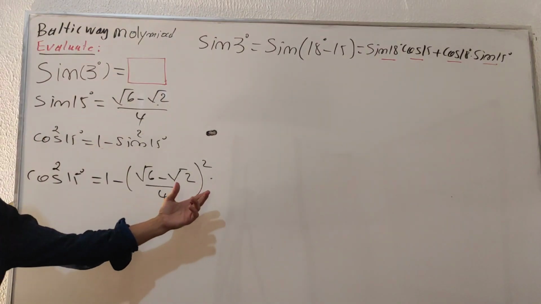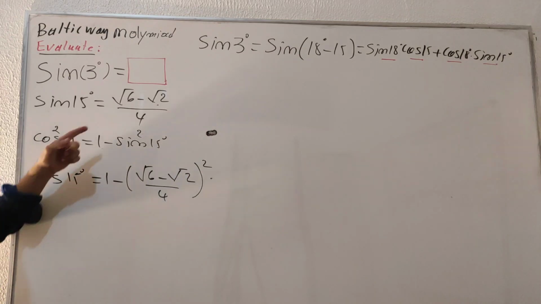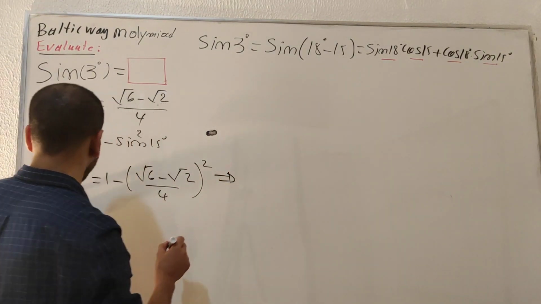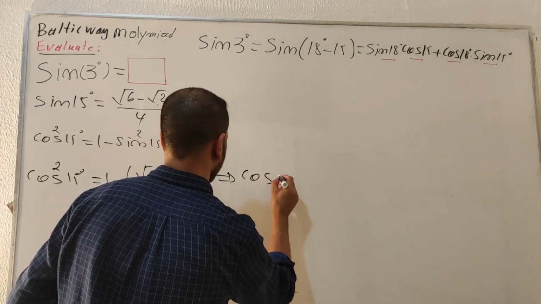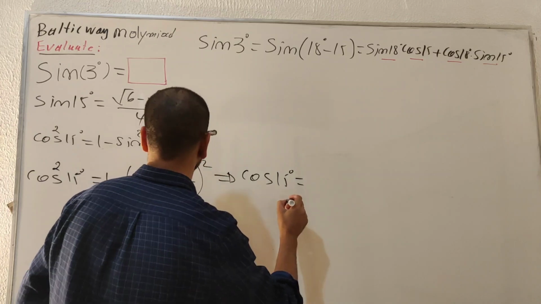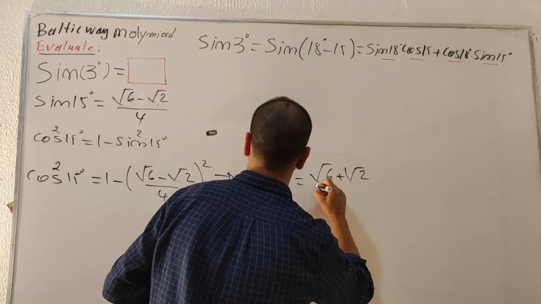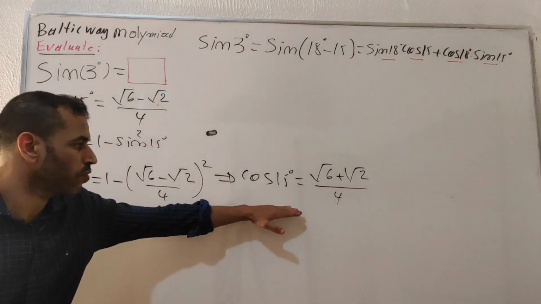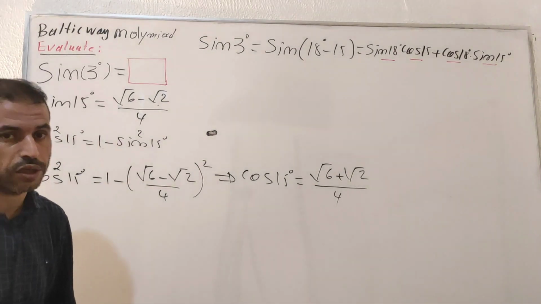Without going the whole way down with this calculation, we will have the same job as before, and we end up with this. Taking the square root on both sides, I get cosine of 15 degrees equals square root of 6 plus square root of 2 all over 4. Now let's take this value of cosine 15 over here, then move on to sine 18 and cosine 18.